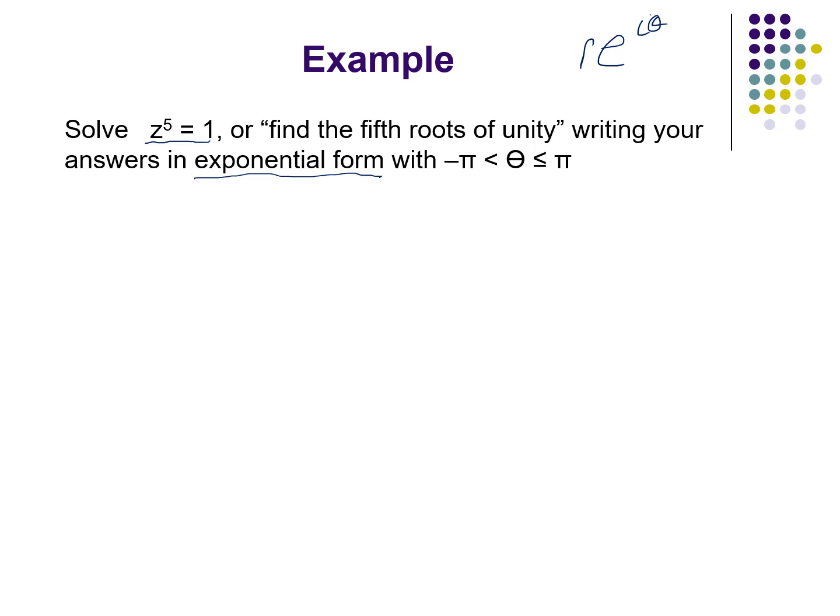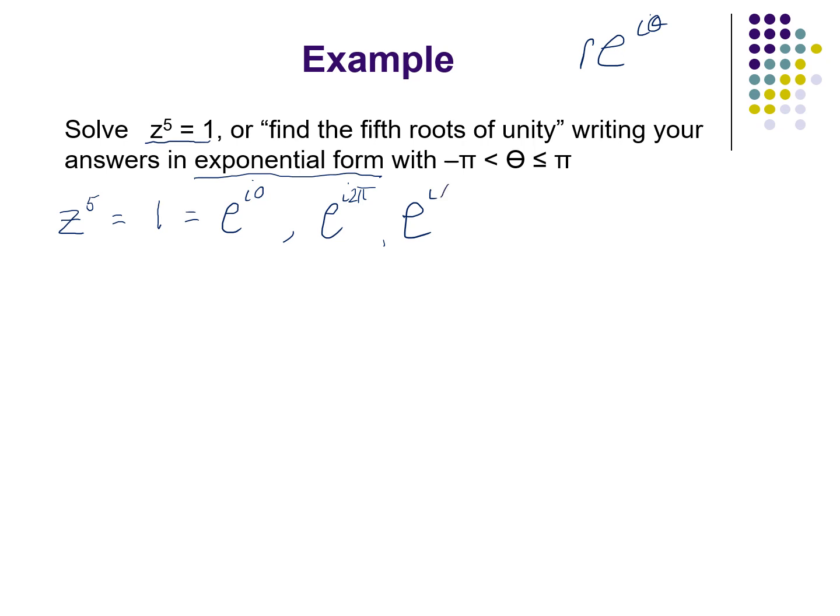Now the method I'm going to show you, you might think it's a little bit tedious for this, but the same method works when we find the nth roots of any complex number. So I'm finding the nth roots of 1. First I'm going to write that in exponential form. That's e to the i times 0. Now I know I need 5 answers. And we also know that if one answer is this, I can get my next answer by adding 2 pi to my argument.